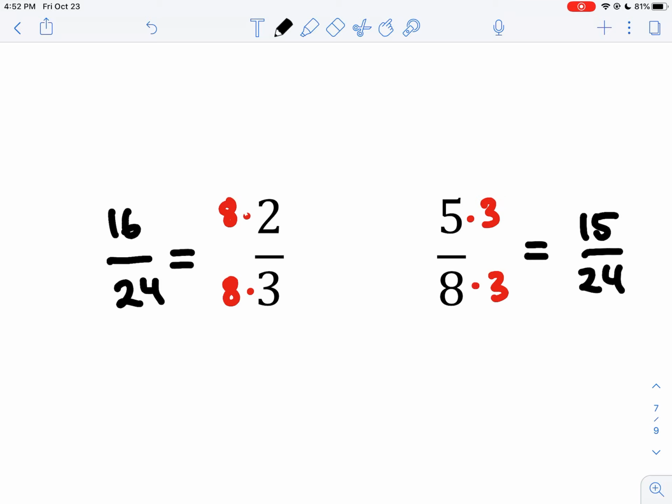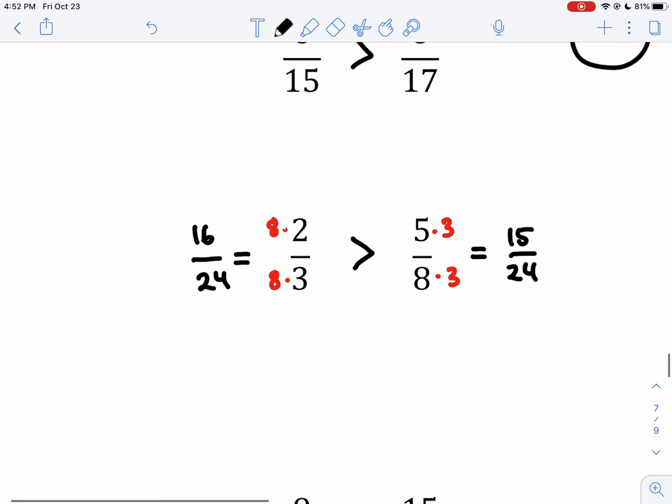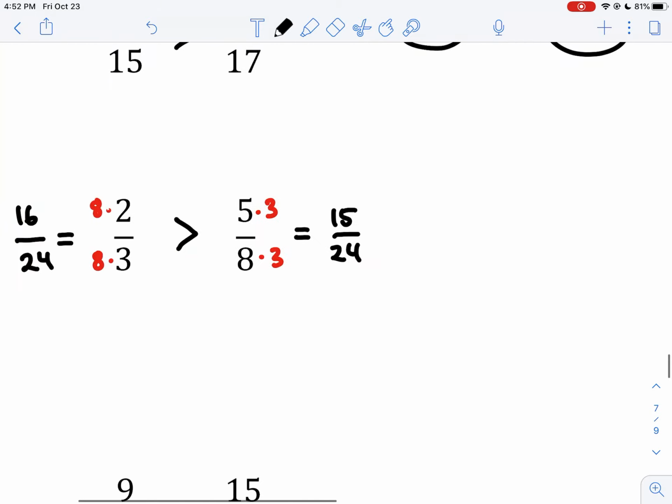Now you are in a position to make a judgment, because you've managed to make the denominators the same. And if the denominators are the same, then we're talking about equally sized pieces, right? 1/24 is equal to itself. And if you have 16 of them, then you're going to have more than just 15 of them. So this favors the 16/24.